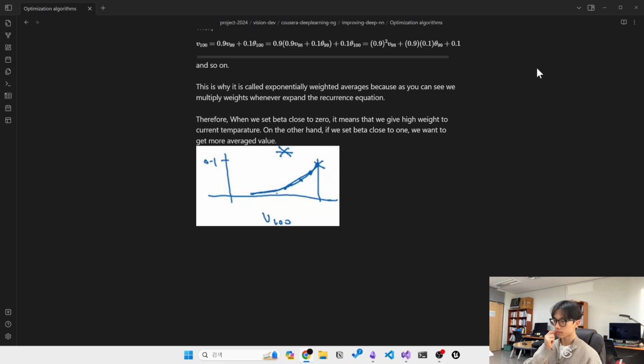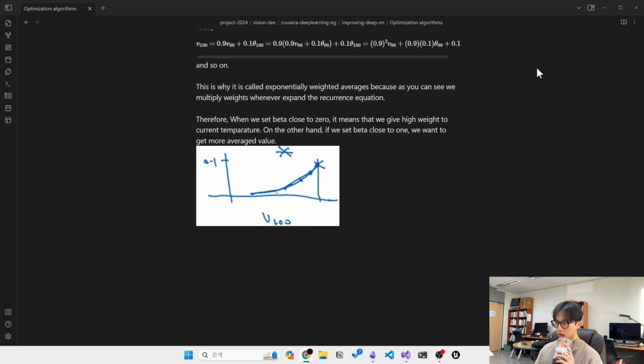So one of the advantages of this exponentially weighted average formula is that it takes very little memory. You just need to keep this one real number in computer memory, and you keep on overwriting it with this formula based on the latest value that you got.